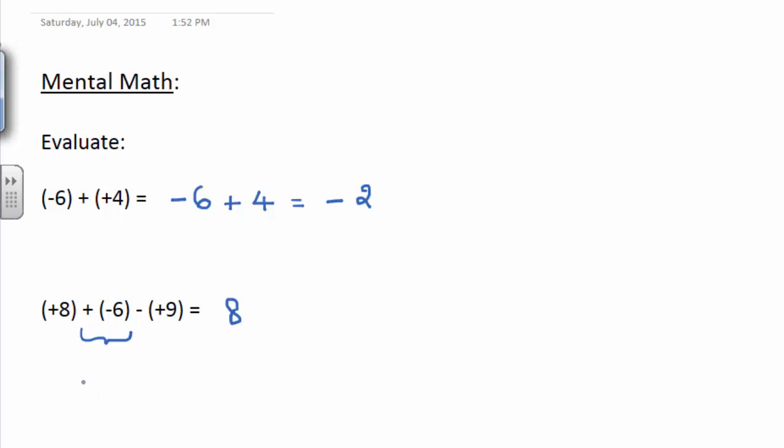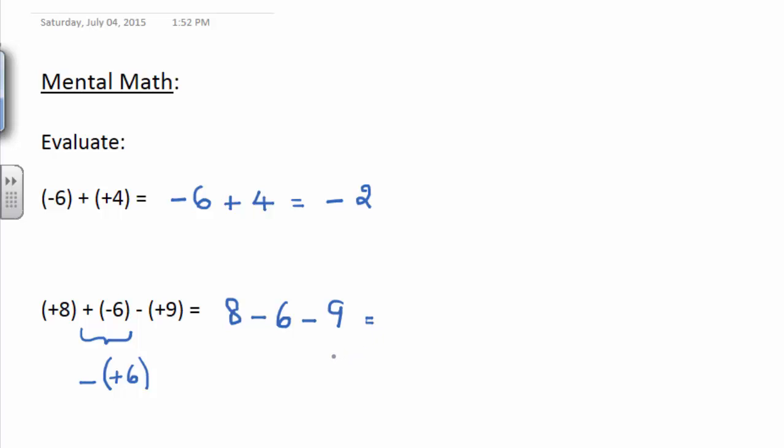I can switch it to subtraction of positive 6, which is more easy. So I will keep the subtraction, and positive 6, I don't need it, so I'm going to make it 6. Can you see how it's simple? Now, I'm subtracting positive 9. The positive 9, I can switch to 9. So I'm subtracting 9. You see how it's more simple?